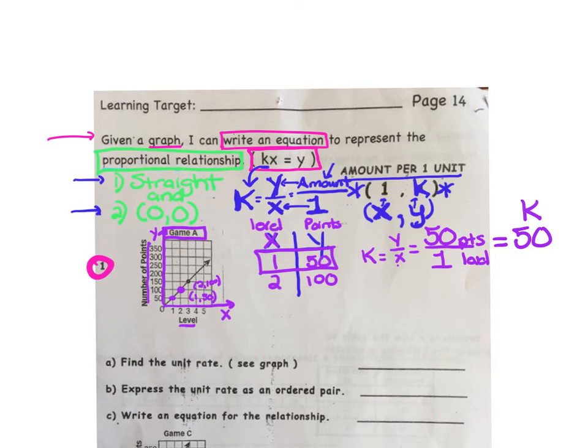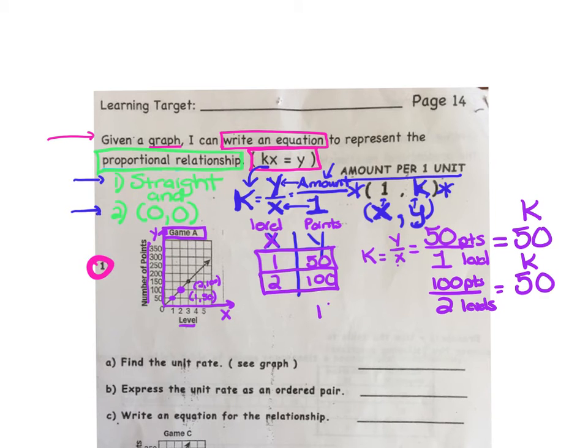That's your K rate. You can check it again with 100 points per 2 levels. But if you divide that, you get 50 again. Once again, a nice, consistent constant of proportionality.